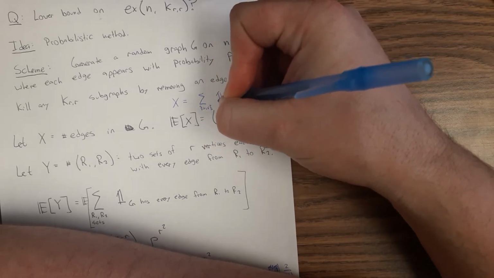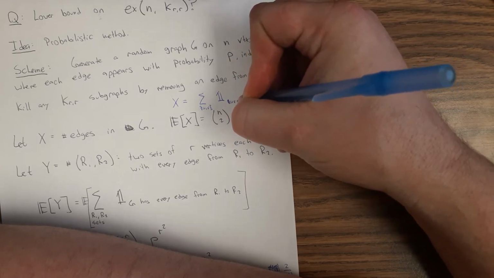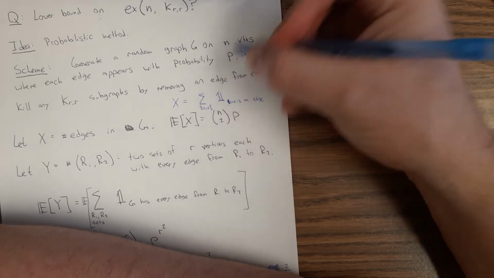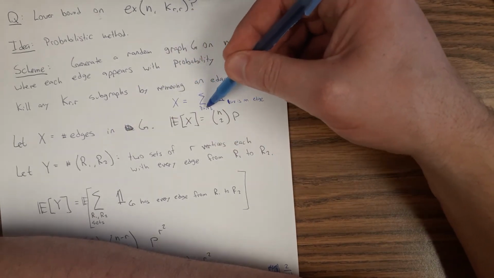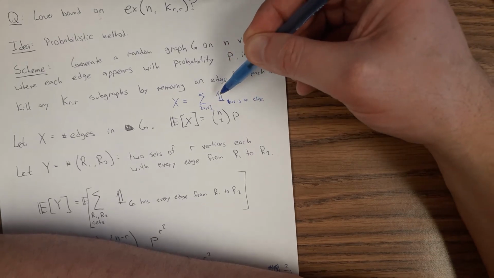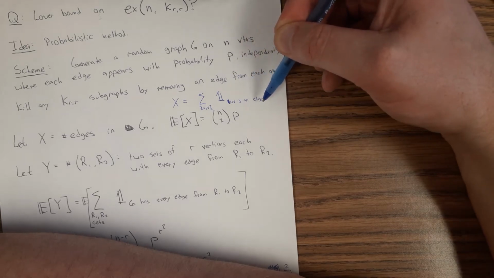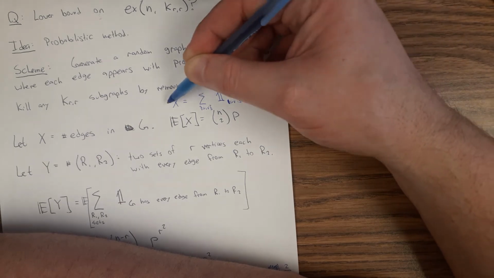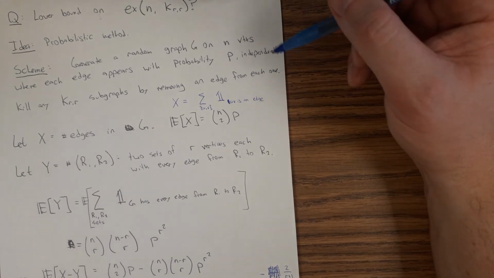I can write X as a sum of indicator variables. So X is the number of edges. So I would sum over all possible pairs of vertices uv, and what I would do is sum the indicator variable that says uv is an edge, and that would count all of the edges, and you would add those up, and so X would be the total number of these pairs that are edges.